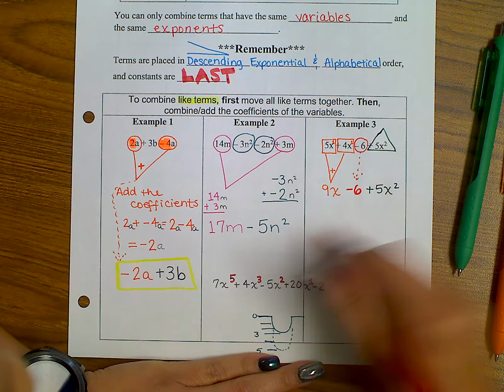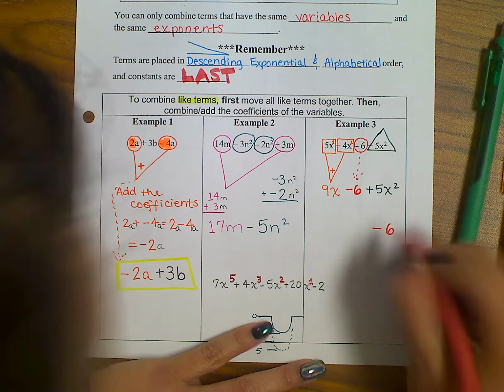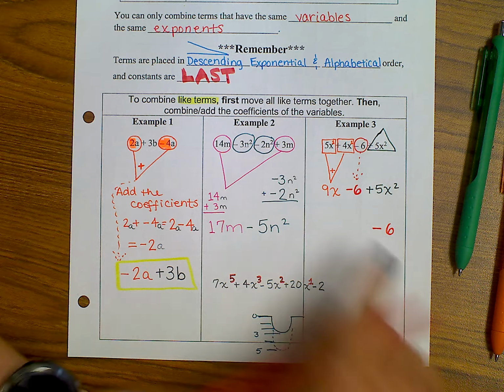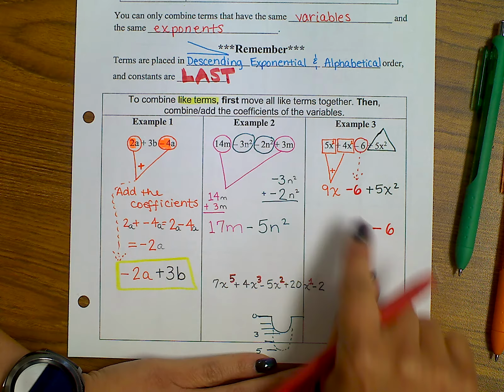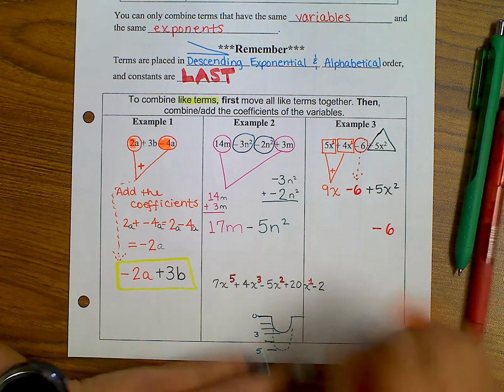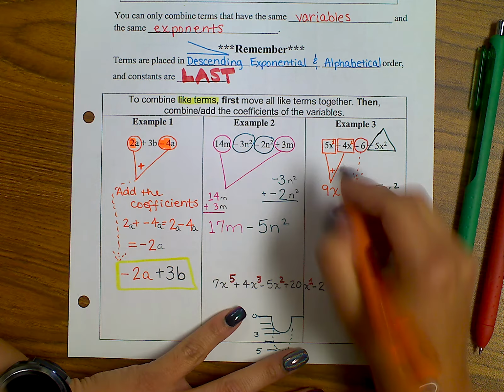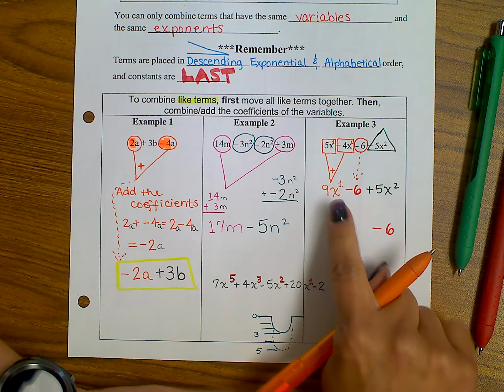So I'm going to rearrange this, and I know for a fact this constant goes at the end. Then we said that we should be in descending exponential order. Since we have the same variable but different exponents, as a matter of fact, we said that this exponent is an implied 1.